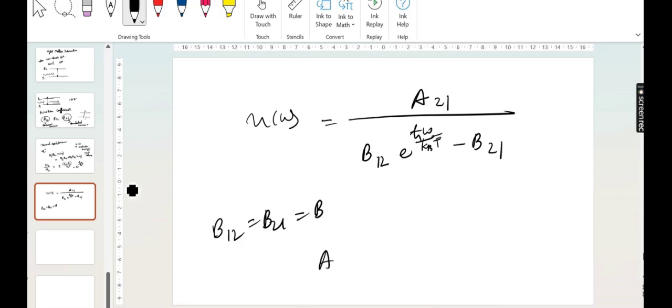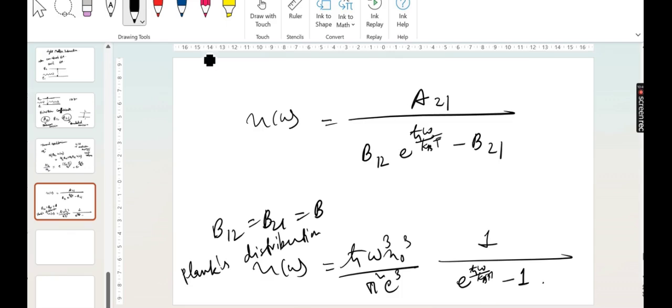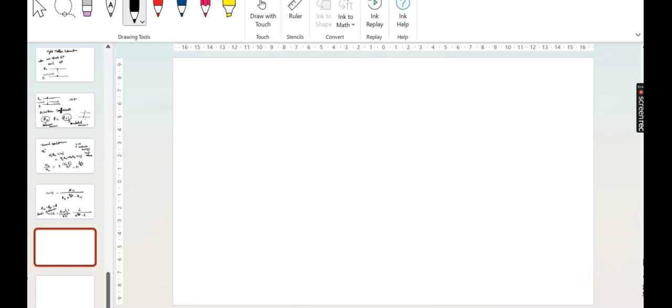And we know from Planck's distribution, U omega is basically h cut omega cube n naught cube by pi square c cube, times 1 by e to the power h cut omega by kBT minus 1.